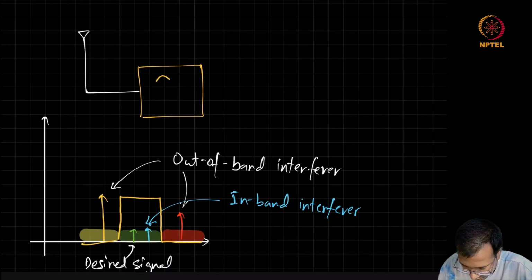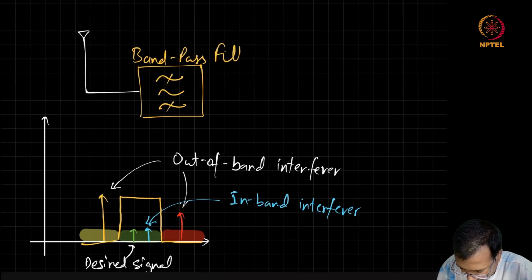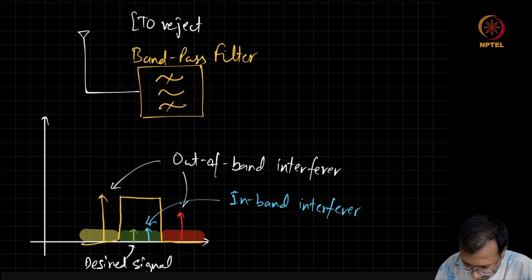This is a band pass filter, needed to reject out of band interferers.